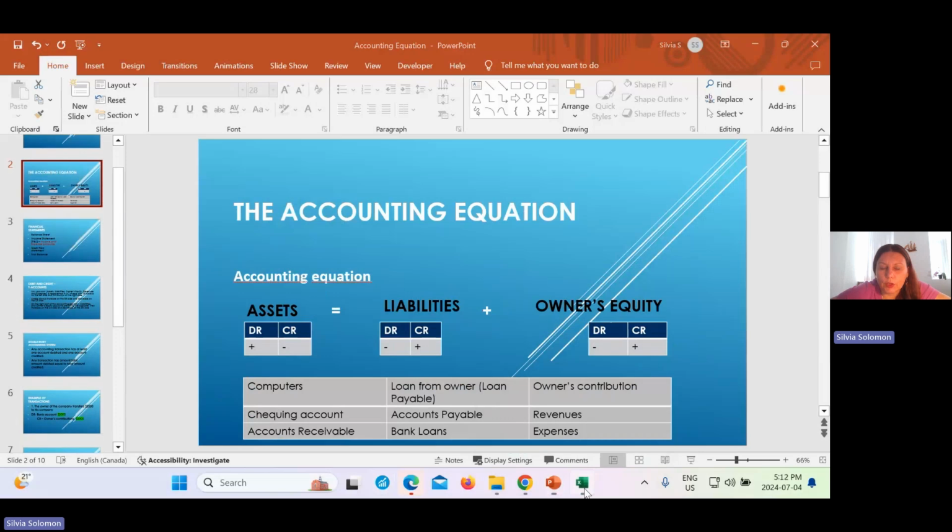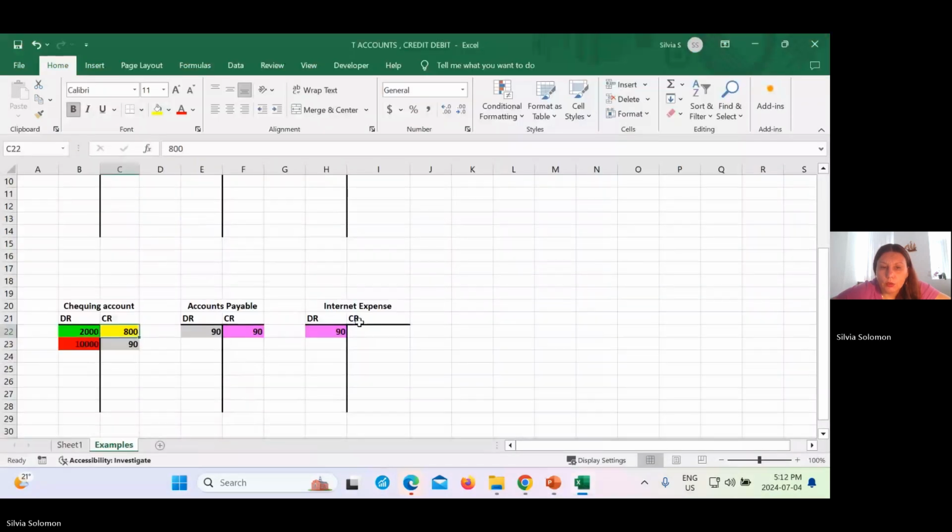So if we go here, we created a T-shaped account for internet expense. So we debit the account. And guys, if you remember, we didn't pay the invoice yet. We spoke last time about the accounts payable, where the invoices, the bills that we receive and don't pay yet, stay.